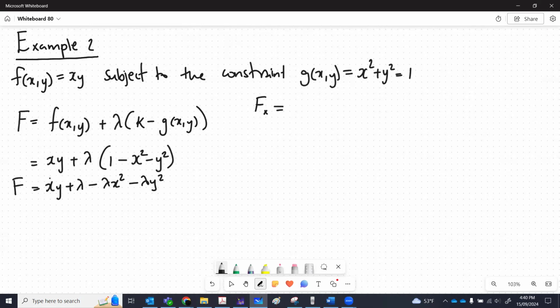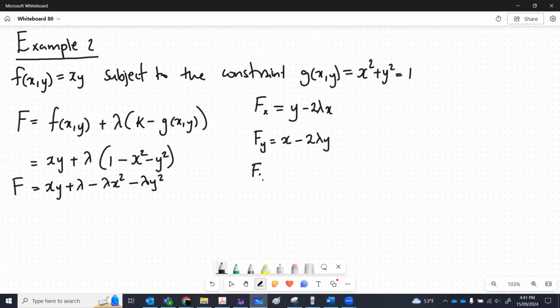This is the derivative with respect to x, which is y. This is 0, then the 2 will come down, so we have minus 2 lambda x, and this derivative is 0. So f_y: this is x, the derivative is 0, the 2 will come down, so I have minus 2 lambda y.